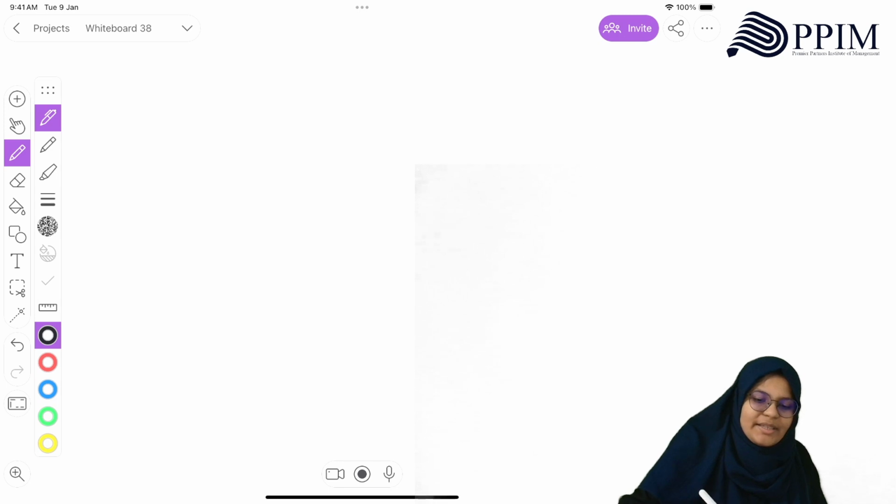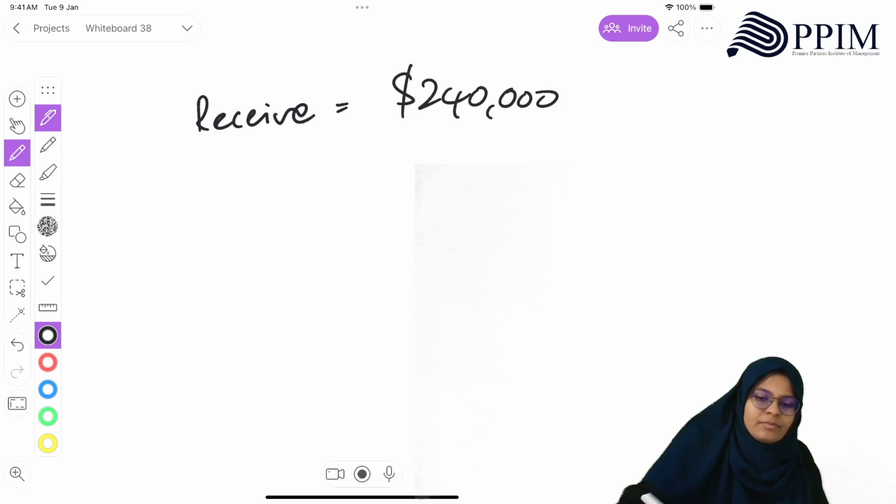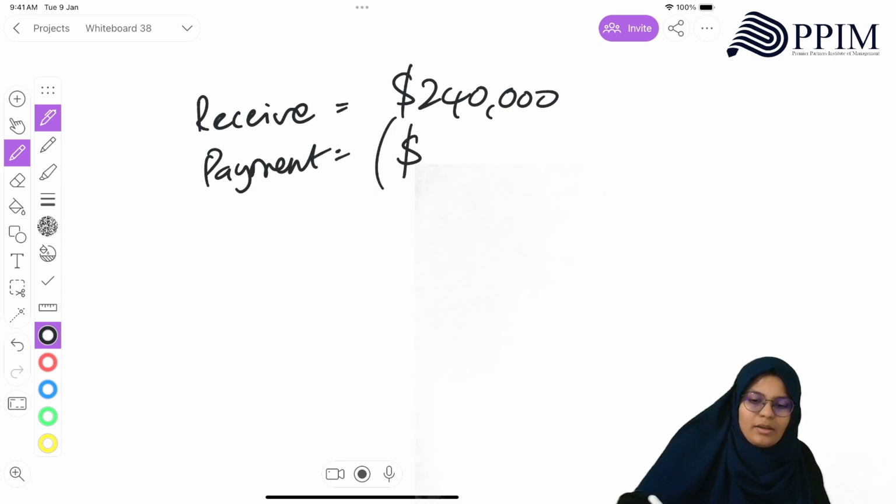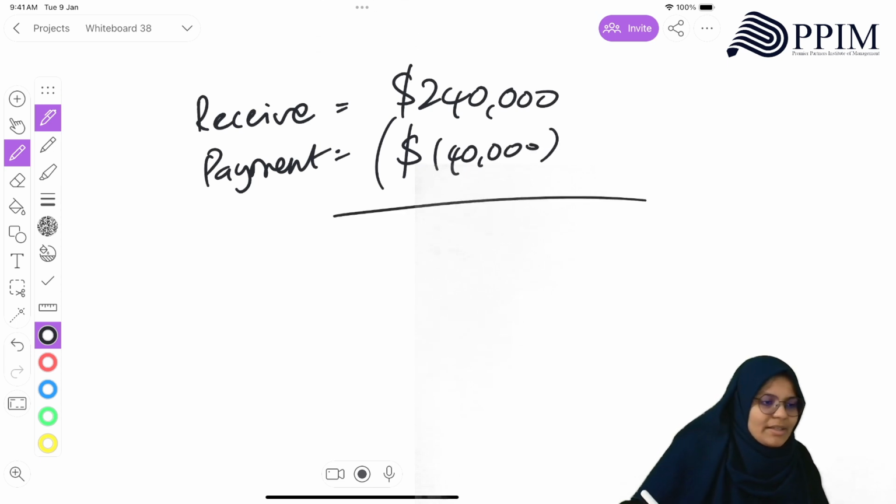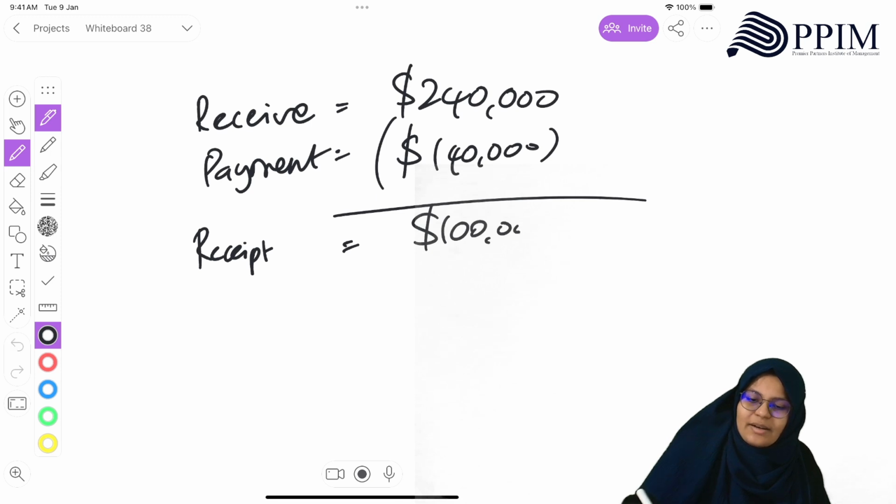We are going to receive 240,000, and at the same time we have to pay 140,000. First let's net it off. 240 minus 140, it's a net receipt of 100,000. So this 100,000 we are going to hedge using a forward.